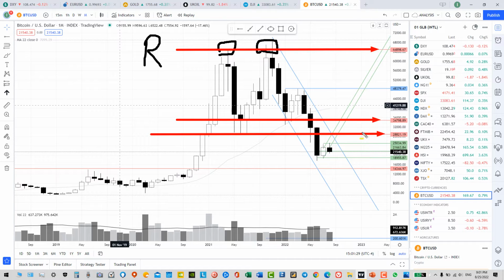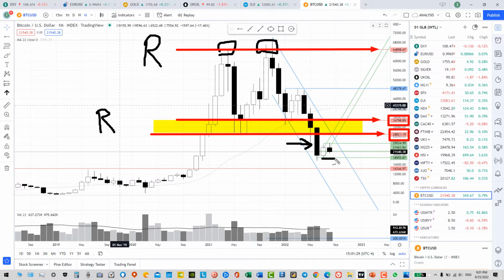This zone is considered a very thick range of resistance, starting from its lower boundary around 29,000 and its upper boundary around 35,000. So it's a very thick resistance area. And if you took notice that the bearish candle is very big with a slight lower shadow, indicating very heavy selling pressure over the monthly chart.